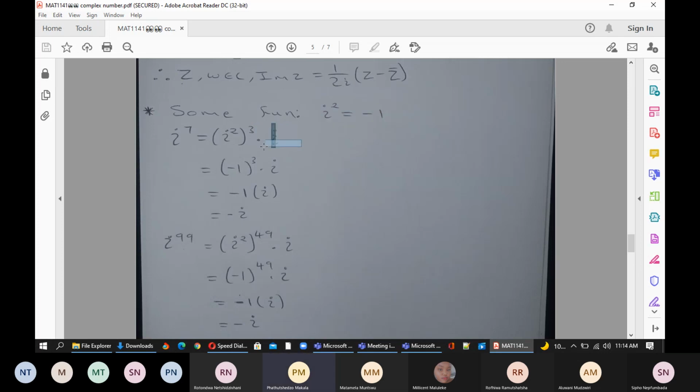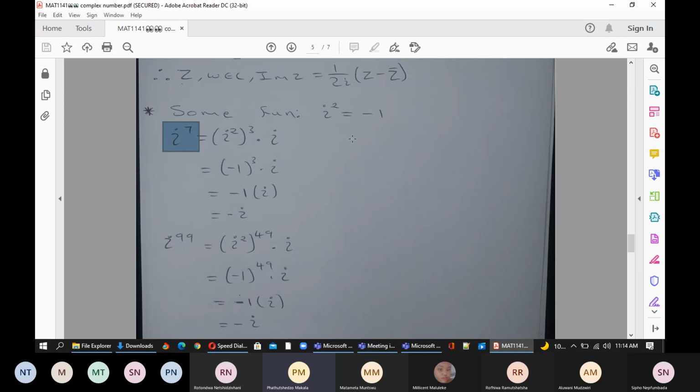It means we can subtract 1 from our given exponent. We're dealing with the exponent, and this is always to the power 1. So 7 minus 1 is 6. It's like we have i to the power 6 times i.